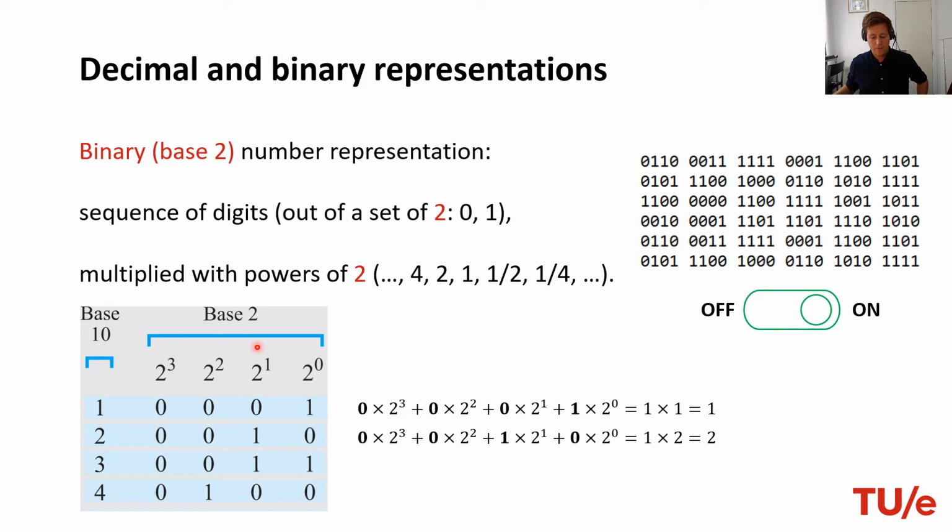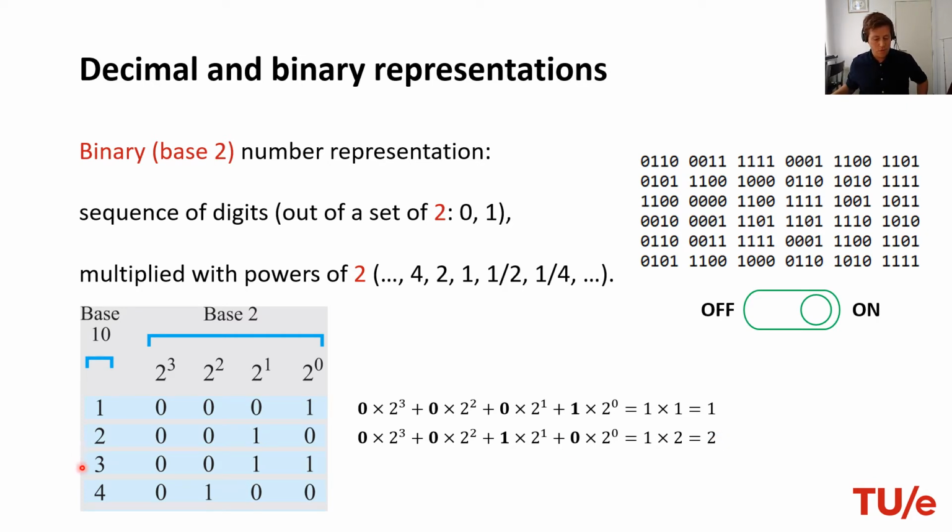So the representation of the decimal number 2 in binary is 1, 0. And we can get, again, rid of these leading zeros, but we can also simply leave them there. So 0, 0, 1, 0 is the number 2 in base 10.